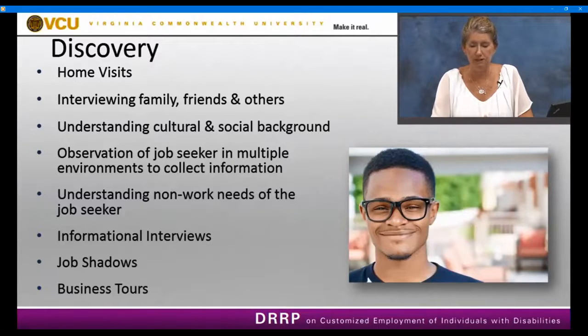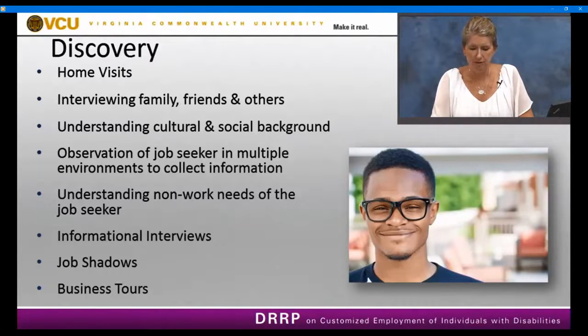How about budgeting? Do they need help with money management? Do they need help from a benefits counselor if they're receiving disability benefits or other federal or state benefits? What about recreation and social activities? This is a huge area of life that we don't want to forget about, and we don't want to leave out in the planning process.